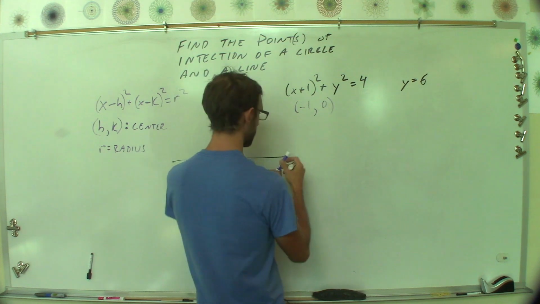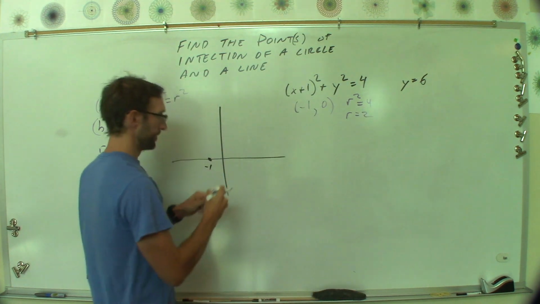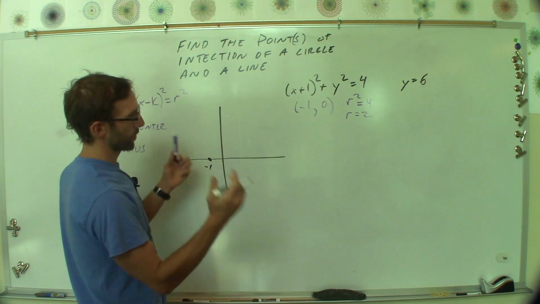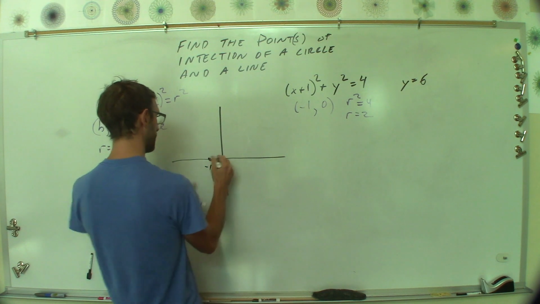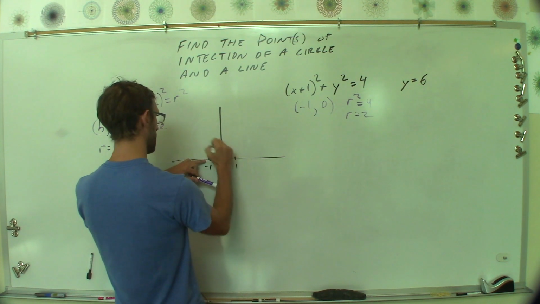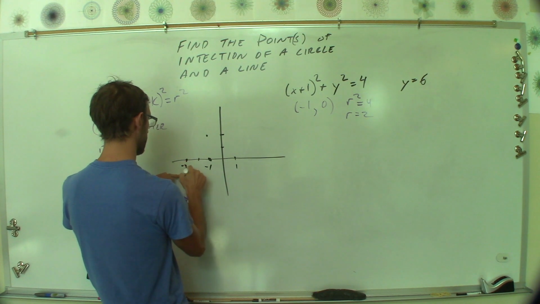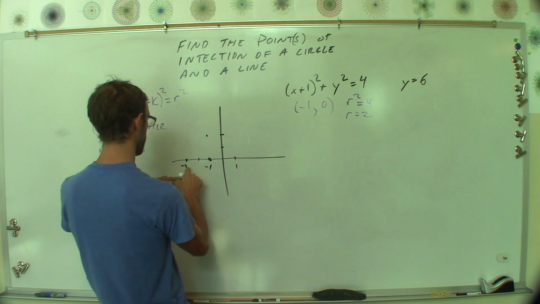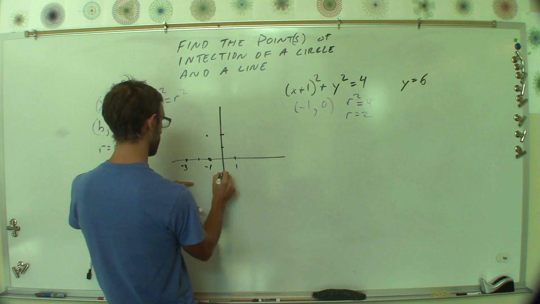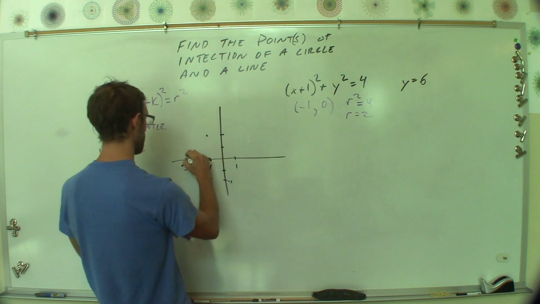And then in this case, the radius, r squared is 4, which means r is 2. You take the square root of it. So it'll go 2 to the right, 1, 2 up, roughly 2 here. And there, negative 2, no, 3, excuse me. And it'll go down here, negative 2. There we go, then we'll draw it.